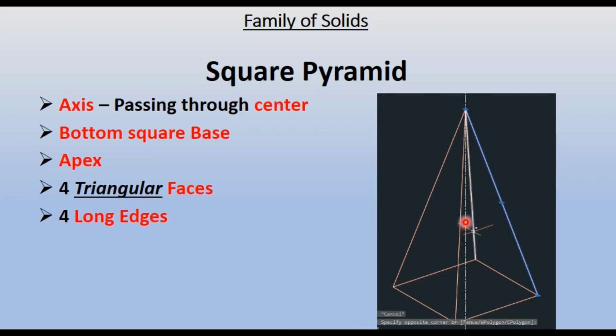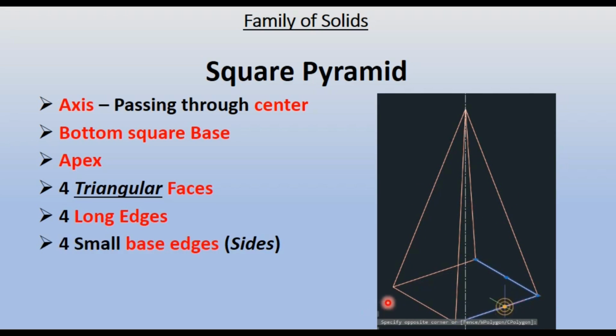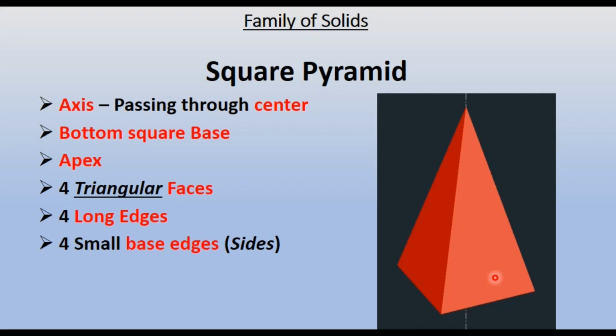Now you can see that I am highlighting the 4 long edges of a square pyramid. These lines which are appearing in a slight blue color, and now these are 4 small base edges highlighted in blue color. So this was our square pyramid.